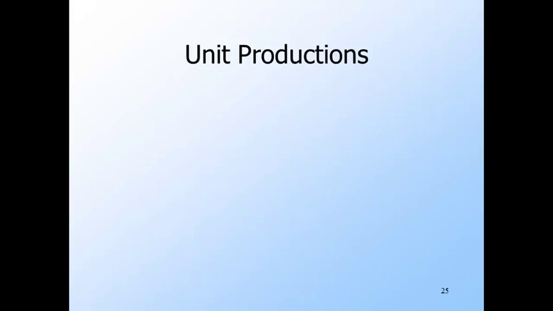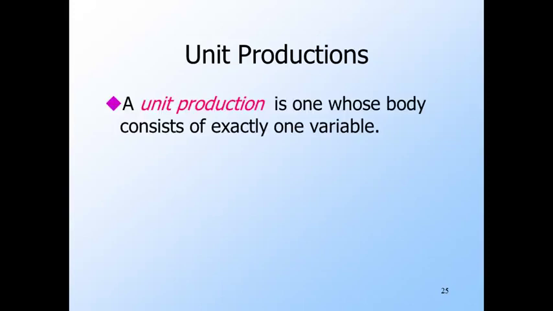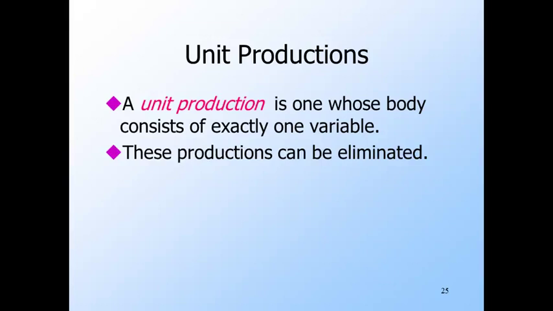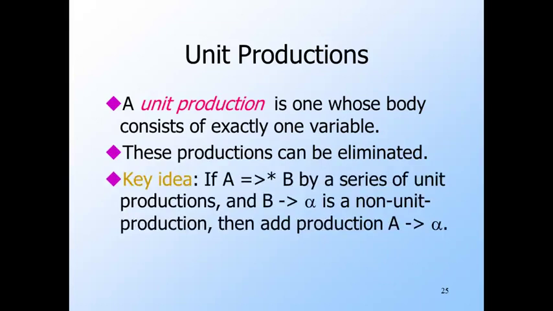So we're now ready for a new simplification of grammars, the elimination of unit productions. A unit production is one whose body is a single variable. We can eliminate all such productions. The idea is to discover, using a discovery-type algorithm, all pairs of variables A, B, such that A derives B by a sequence of unit productions.